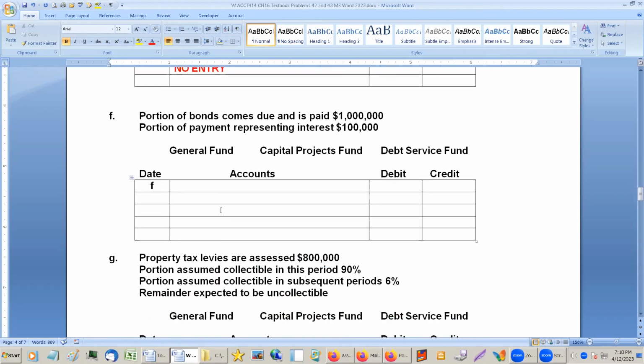Okay, portion of bonds comes due and is paid. Okay, so this one is. Now, this interest, it's sort of like an expenditure, but we're just going to call it interest expense. We have expenses in this method.